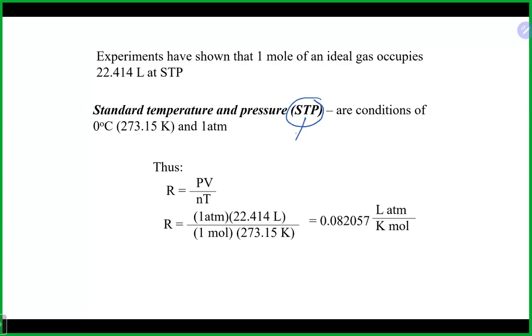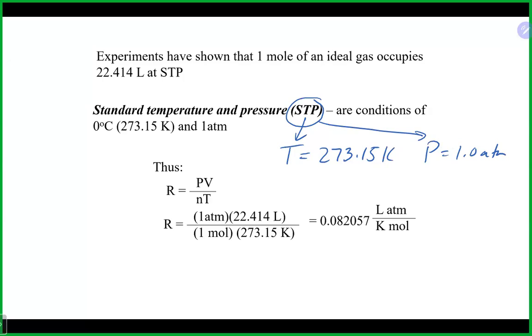So when it says STP conditions, they assume you know the temperature is 273.15 Kelvin and the pressure is 1 atmosphere, or obviously 760 torr, if needed. Sometimes that confuses people when they see STP in a problem. They're like, I don't have temperature or pressure given to me, but those are the values you should use.